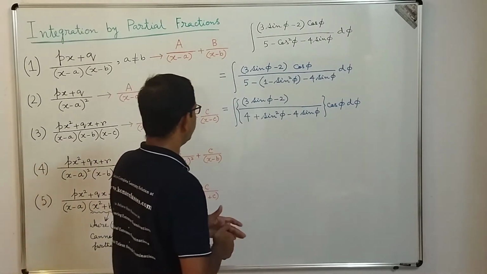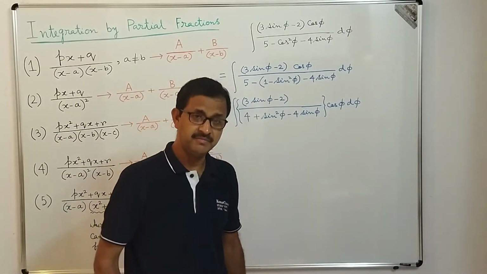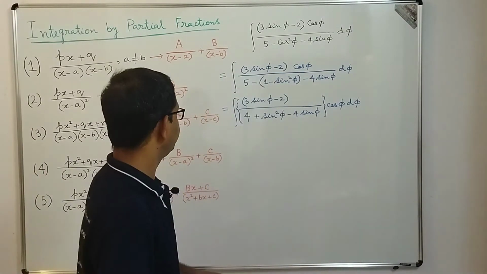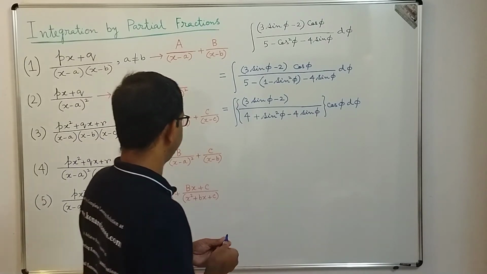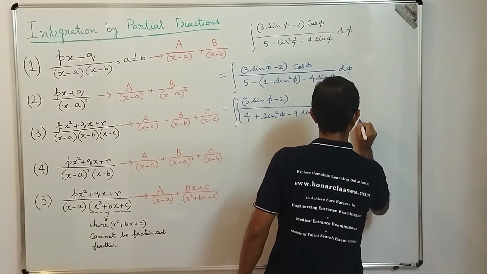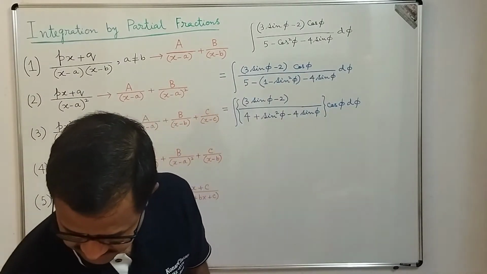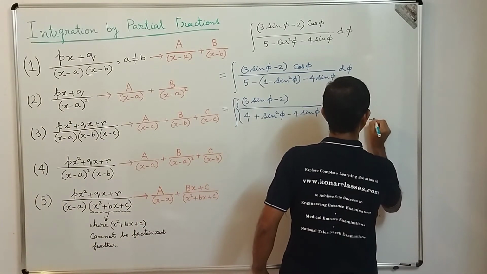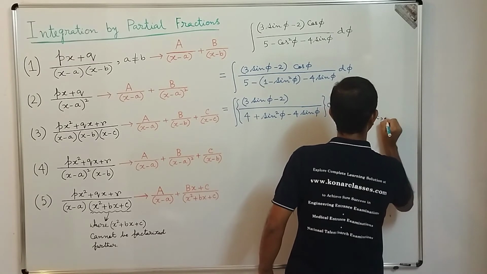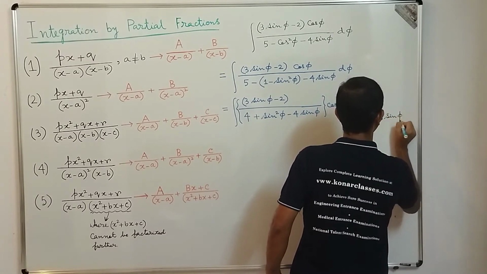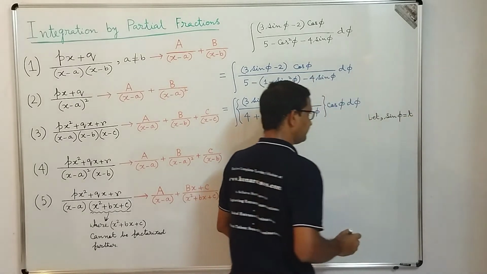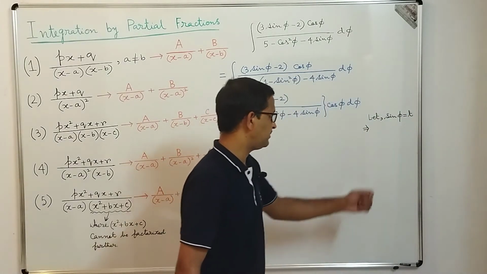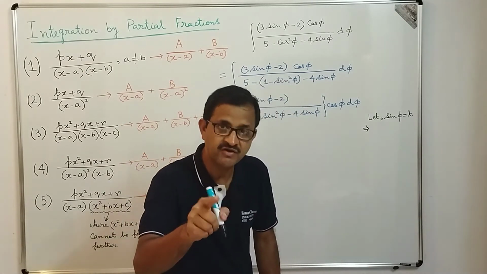Now, dear students, what we can do is substitution. We can make the substitution that sin phi equal to t. So let me use a different color. So let sin phi is equal to t. T is another variable. Now if we differentiate both sides, what is the differentiation of sin phi? Cos phi d phi.